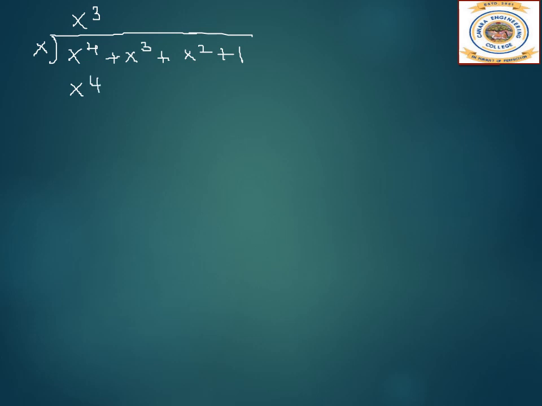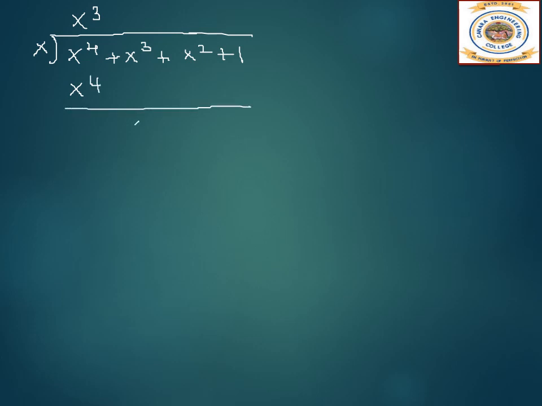So here in the previous division, the remainder was x. So now we have to divide with x. So x, and here we have to write x to the power 4 plus x cube plus x square plus 1. So now here I have to write x cube. So what do you get over here? I get it as x to the power 4.